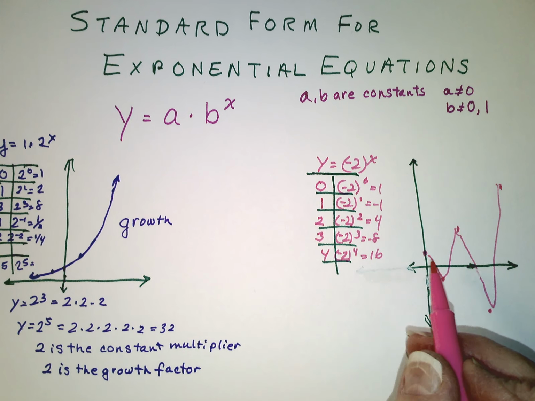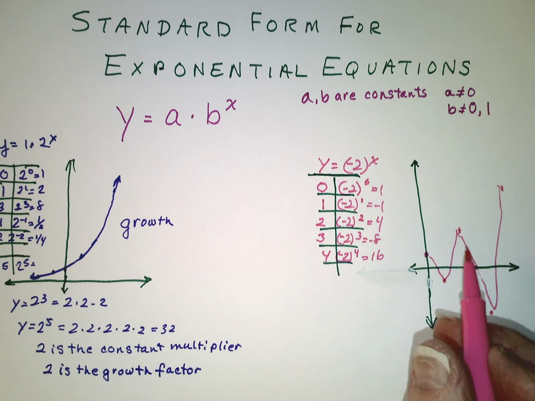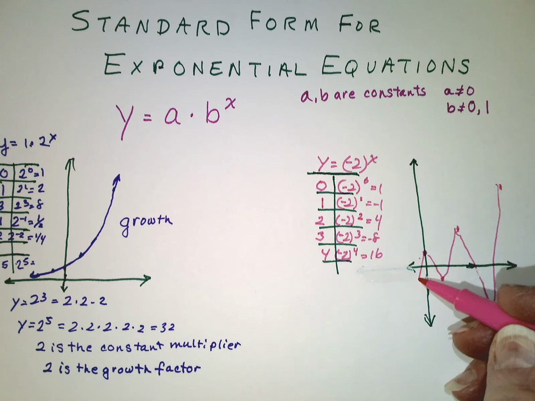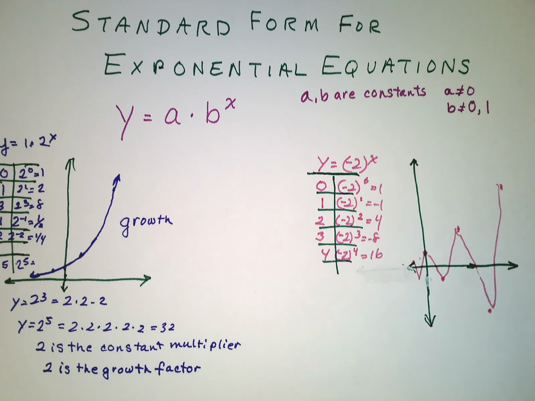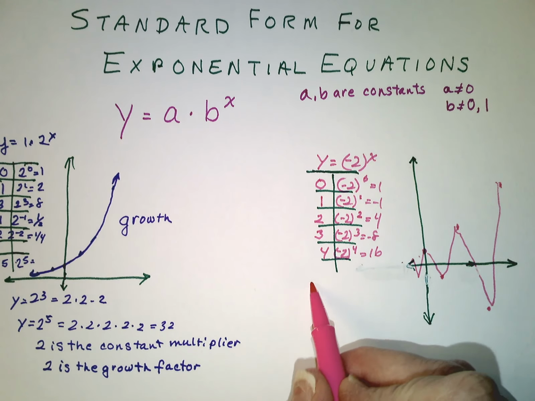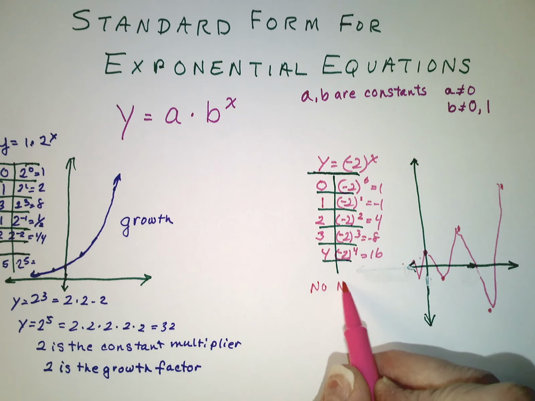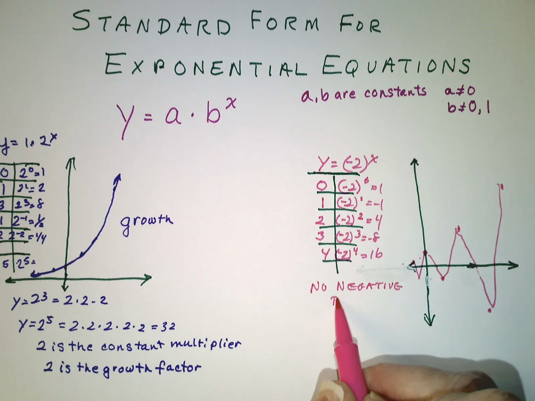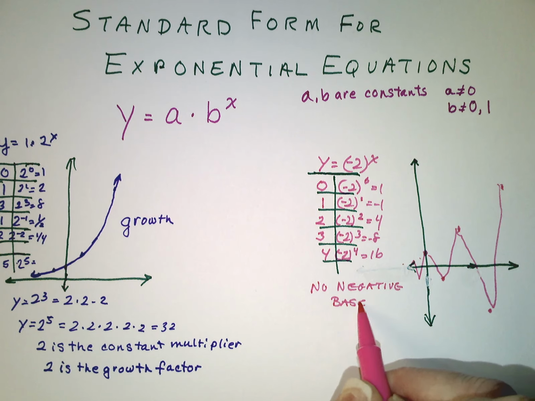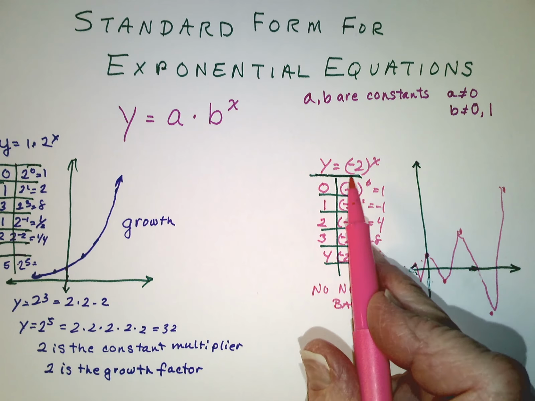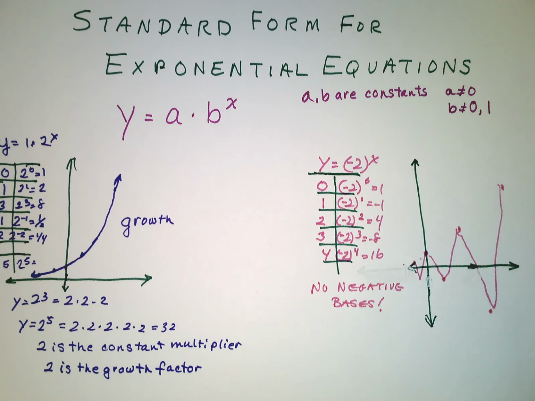It's constantly flipping back and forth between a positive answer and a negative answer. And this is going to keep increasing. Over here, it will keep decreasing. So we have no negative bases. We are not going to allow our base number to be a negative number.